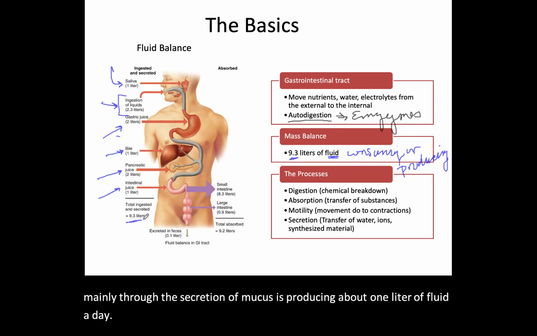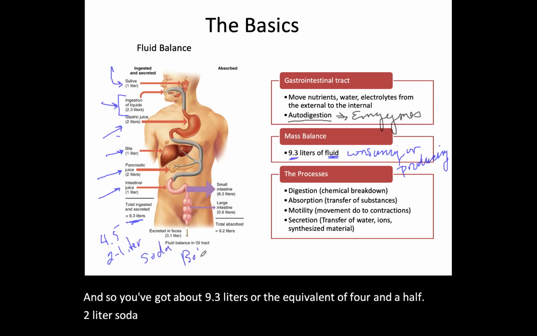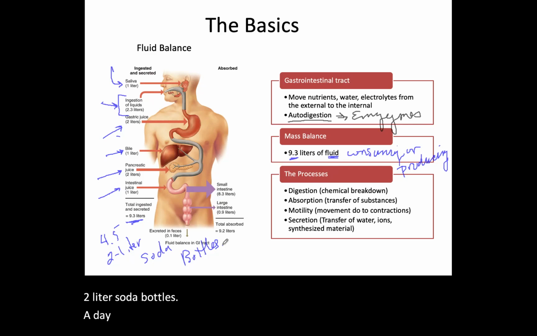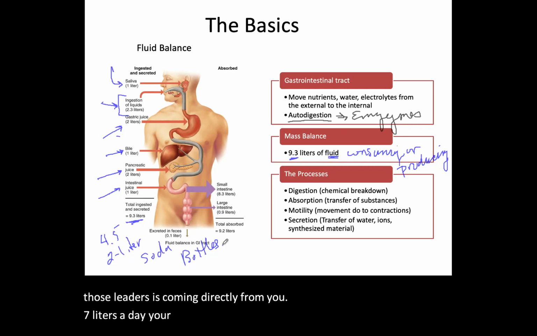And so you've got about 9.3 liters, or the equivalent of 4.5 2-liter soda bottles a day. Right? And of those 9.3 liters of fluid being produced a day, 7 of those liters is coming directly from you. 7 liters a day your body is producing.